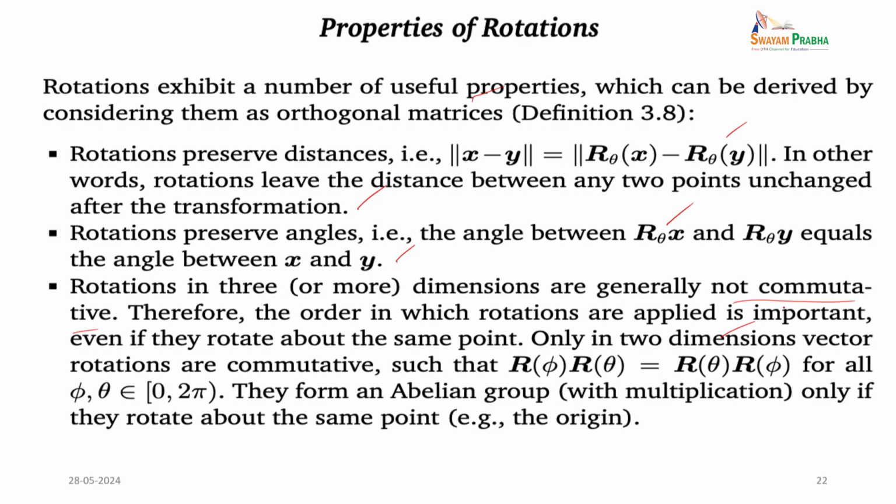Only 2-dimensional rotations are commutative, such that R of phi into R of theta equals R of theta into R of phi for all theta, phi belonging to [0, 2 pi), 0 included, 2 pi not included. They form an abelian group with multiplication only if they rotate about the same point, that is the origin.